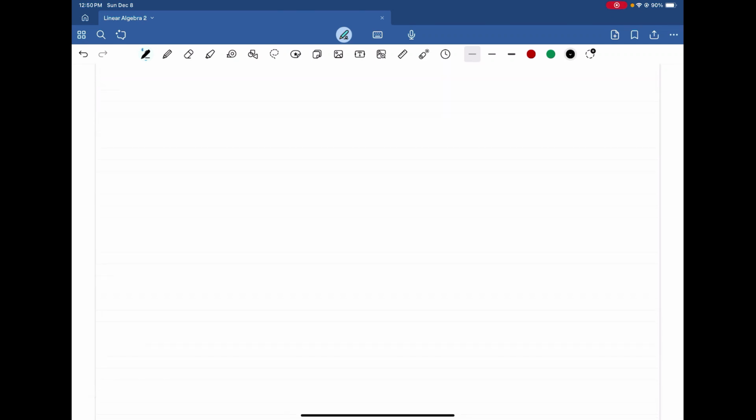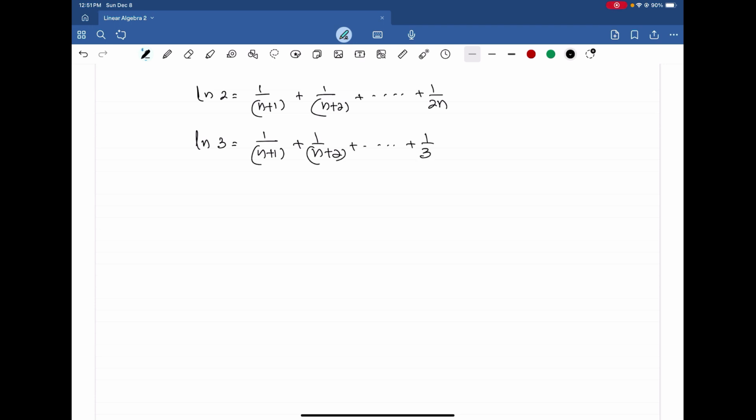The same value ln 2 or log 2 can be written as 1 by (n+1) plus 1 by (n+2) up to 1 by 2n. You just think over why it is so. Then you can even think ln 3 or log 3 is equal to 1 by (n+1) up to 1 by 3n.